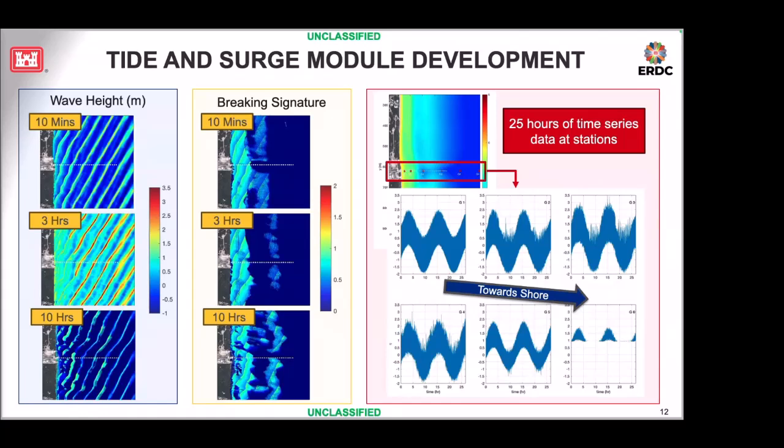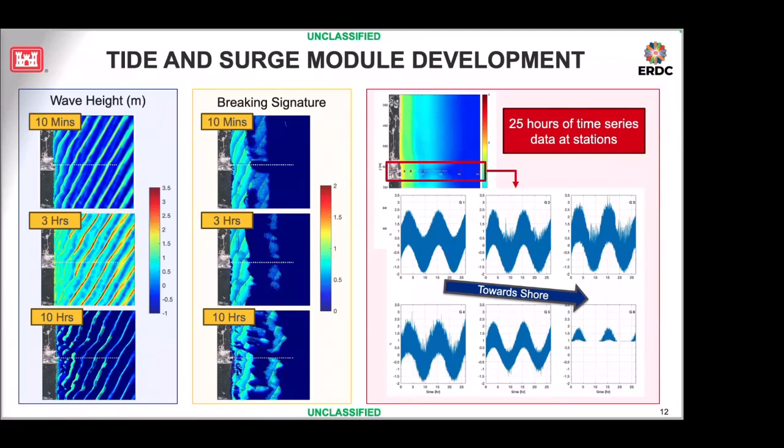As mentioned before, we have also added a tide and surge module into FUNWAVE as part of this work unit. Basically, we've added a forcing term on the boundary to add varying tidal levels and velocities. In this case, we've done a 24-hour simulation at the FRF facility.